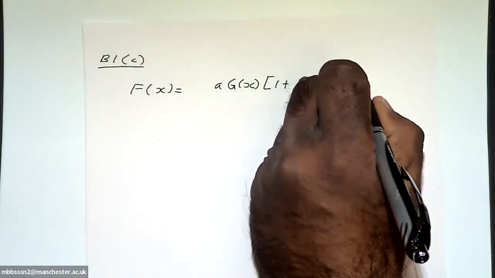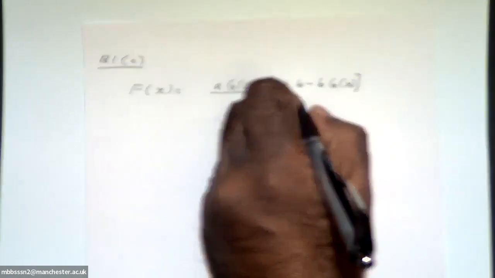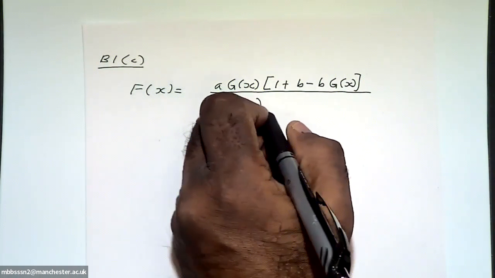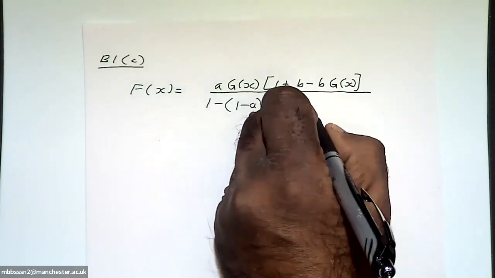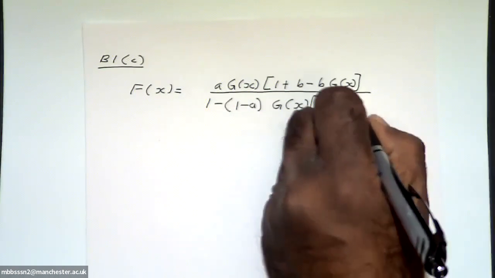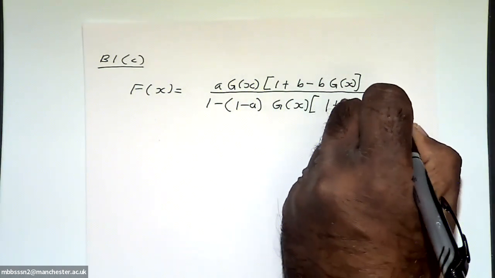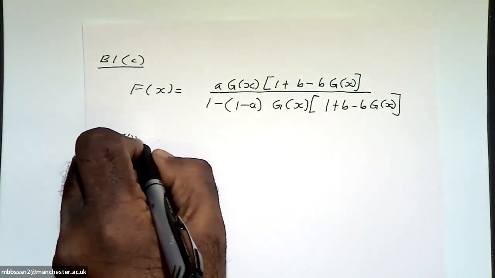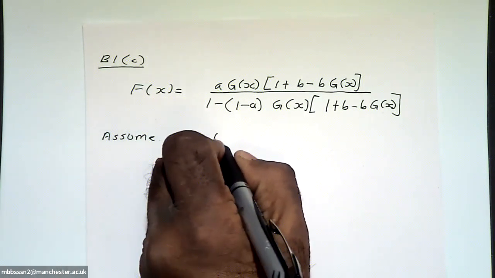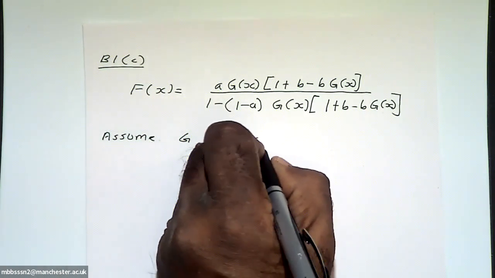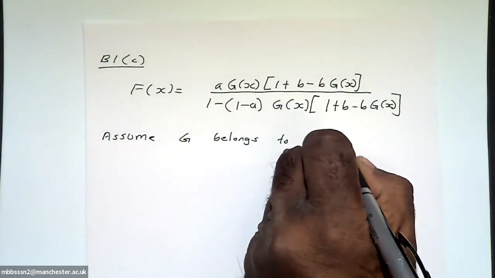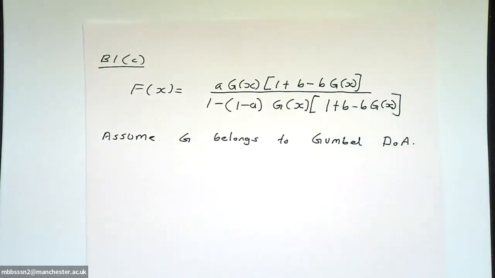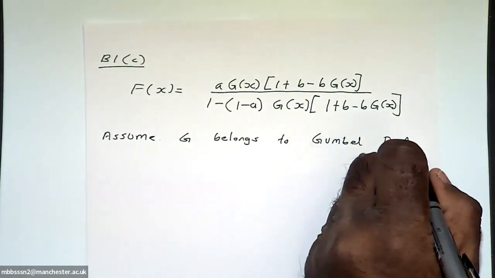So let's assume that G belongs to the domain of attraction.